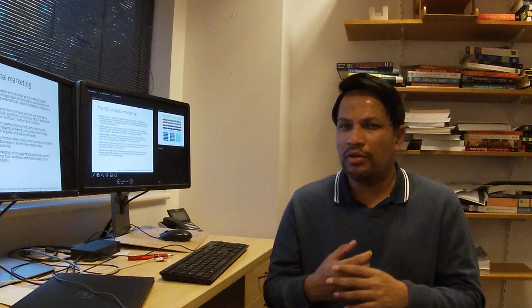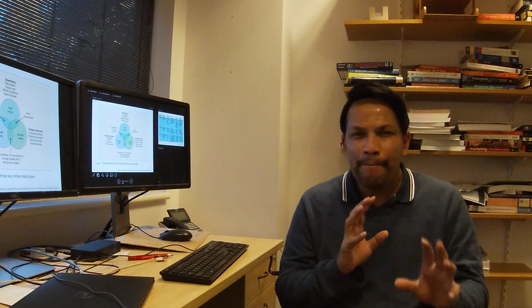So apart from digital devices and digital platforms, there are other elements that play an integral part in digital marketing, for example digital media, digital data, as well as digital technology, which also shape the way digital marketing works.